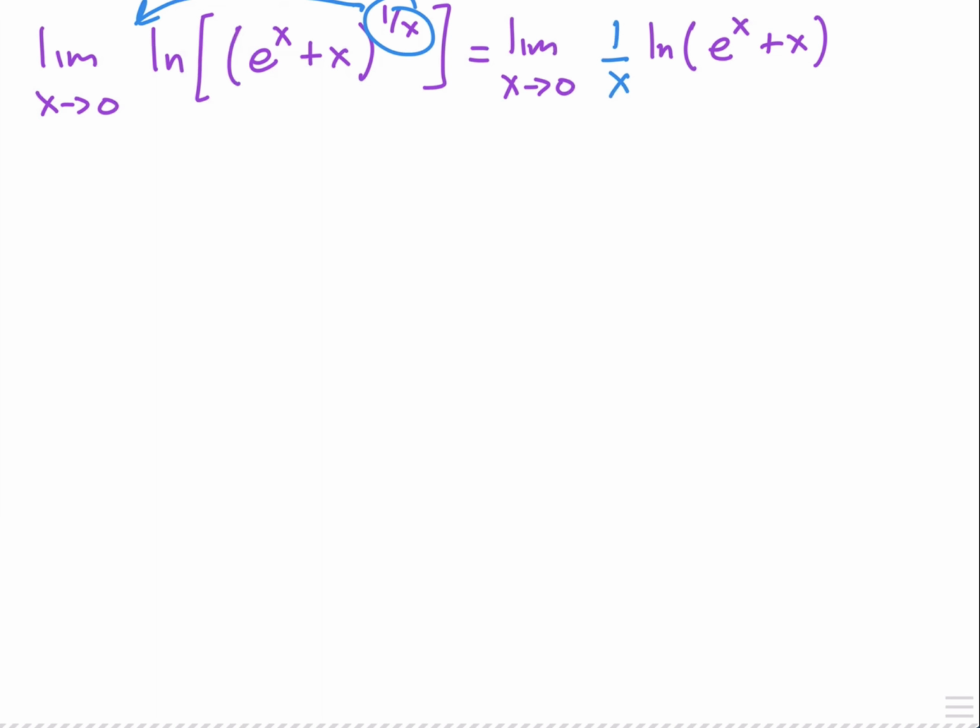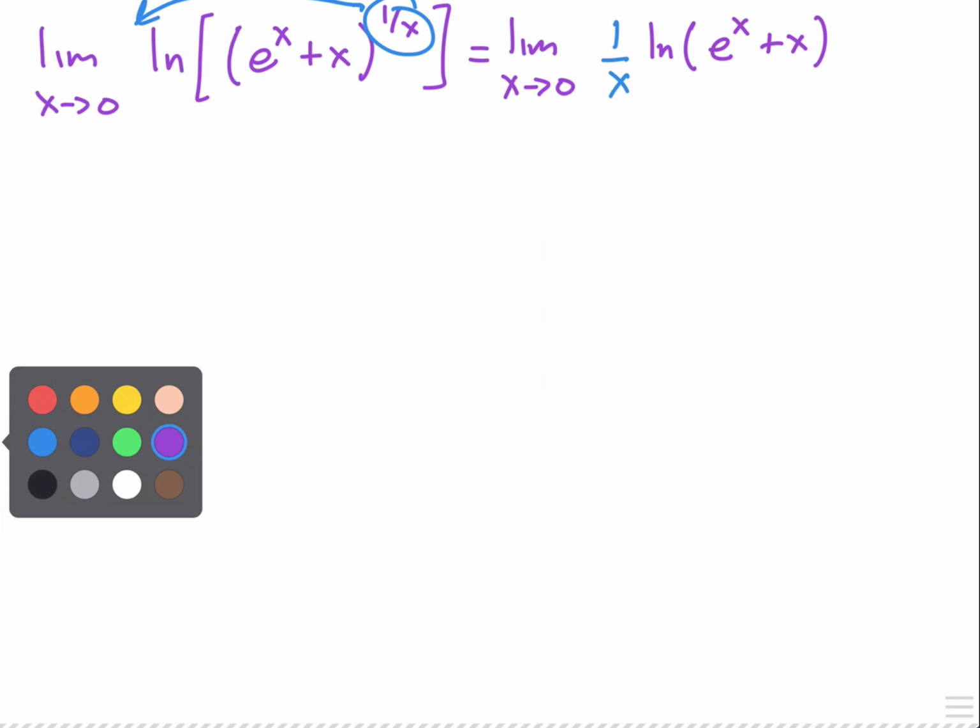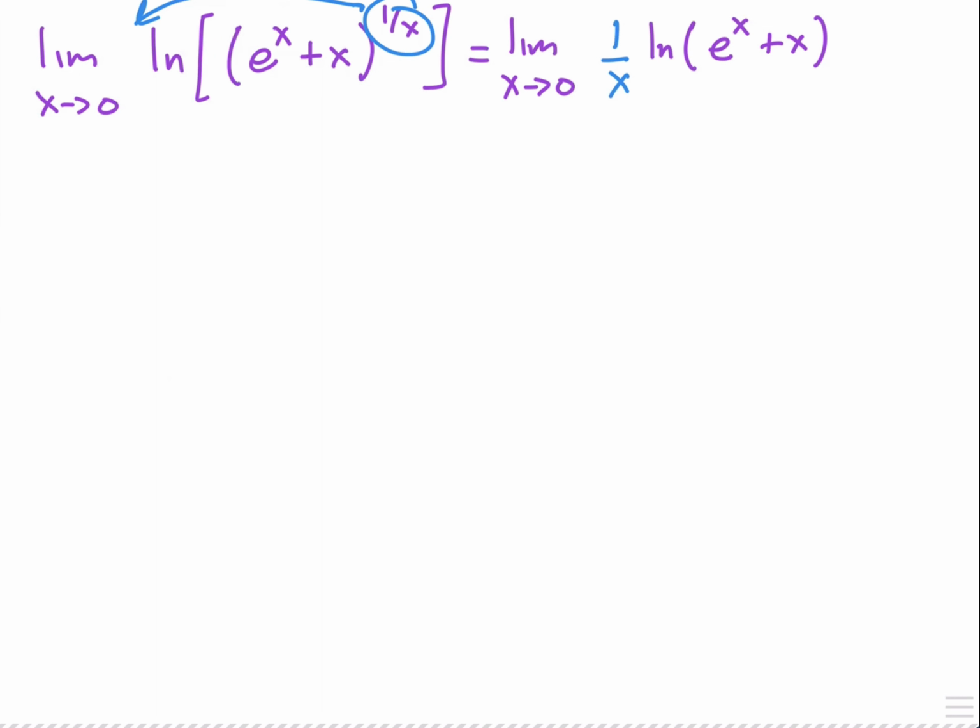So what do you get here? You get 1, right? e to the 0 is 1, plus 0. What's ln of 1? 0, yep. Over 0. So can I use L'Hopital's rule? Sure you can.